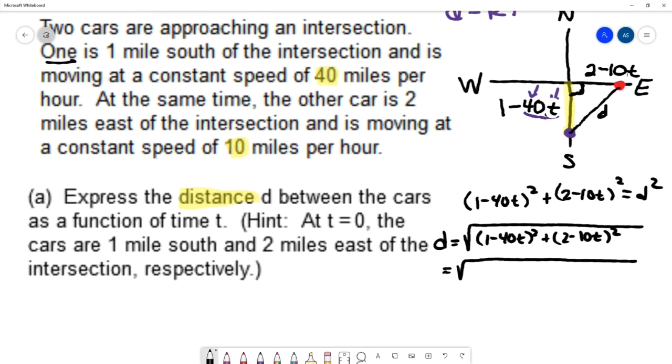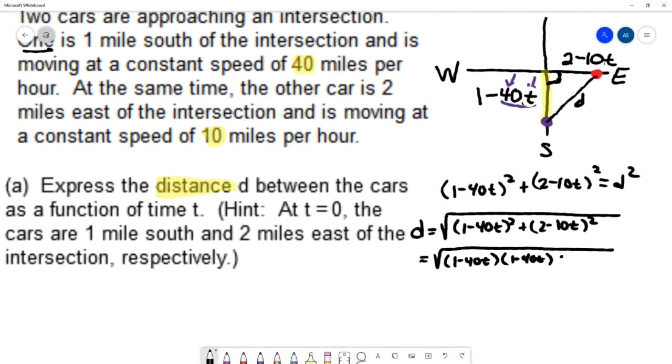Let's simplify the squares inside the radical. That's (1 minus 40t) times (1 minus 40t), plus (2 minus 10t) times (2 minus 10t).